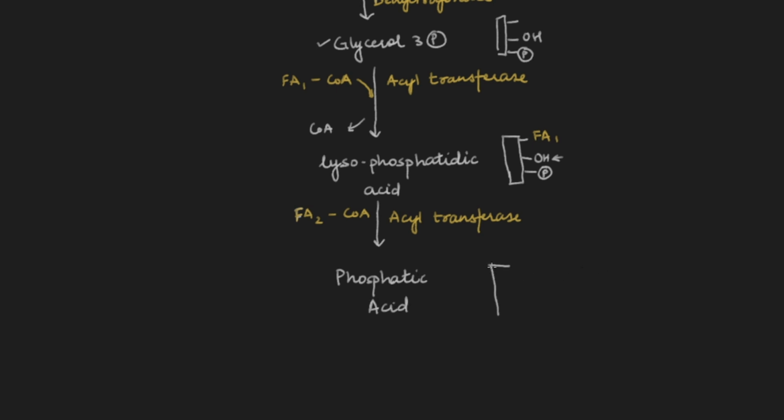And let's have a look at the structure of phosphatidic acid. Phosphatidic acid will have a phosphate group, a fatty acid attached at the second position, and a fatty acid attached at the first position.